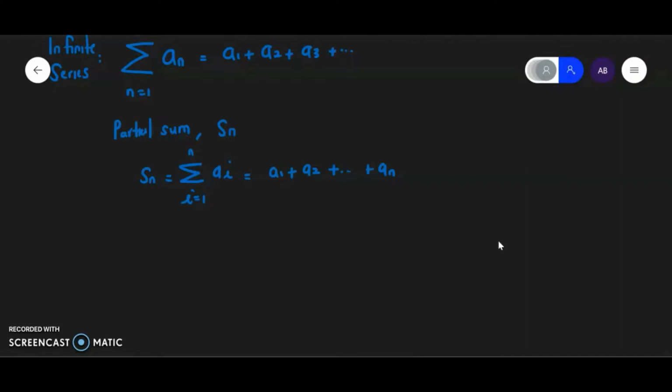Now, what we can say about convergence: if this partial sum sequence is convergent, and the limit as n approaches infinity of the partial sum exists as a real number, then we call the infinite series an also convergent.